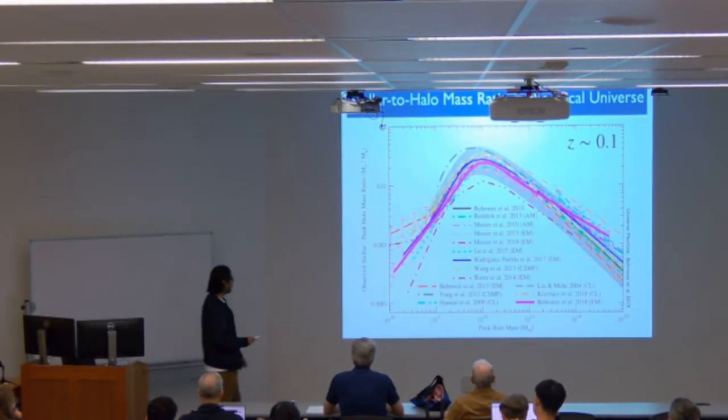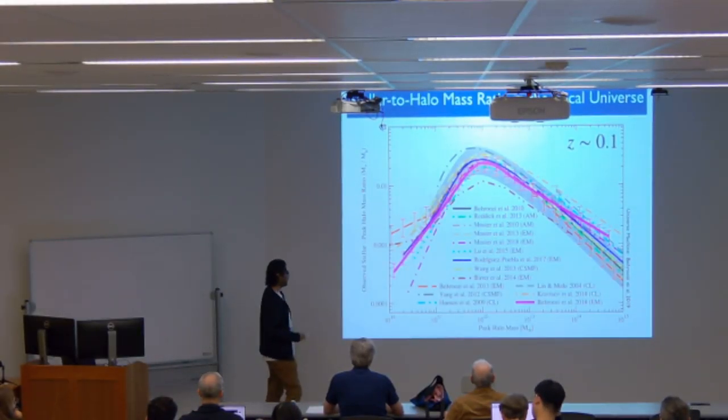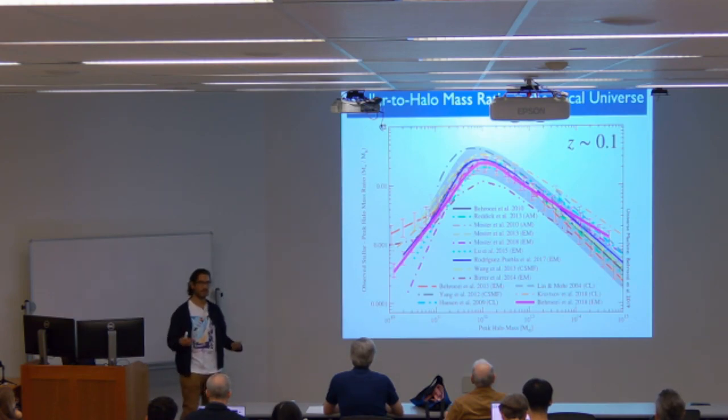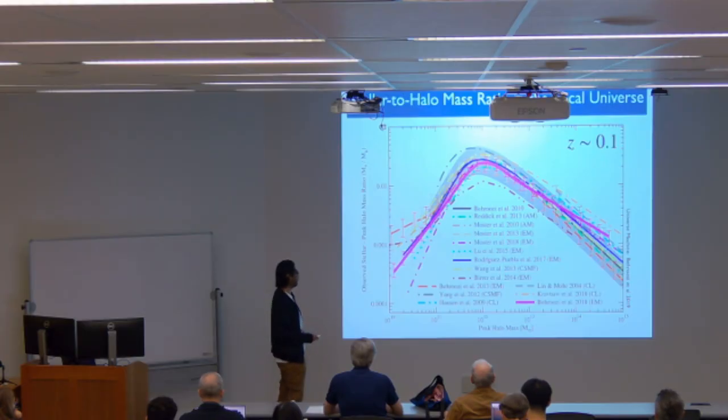Okay, so this is one of the most important plots, the stellar to halo mass ratio as a function of the halo mass, and it's a cumulative plot that is telling us how efficient the dark matter halos were in converting gas into stars. So we see that there is a peak around 10 to the 12.